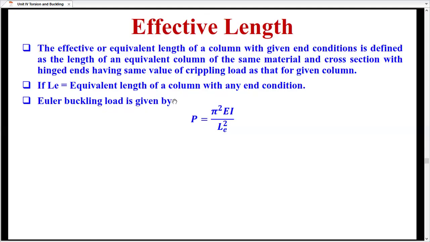Effective length is given by LE, and Euler buckling load is given by P equals pi square EI upon LE square, where E is modulus of rigidity, I is area moment of inertia, and LE is equivalent length.